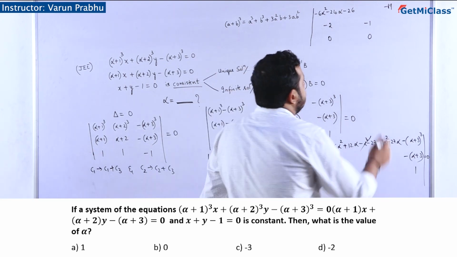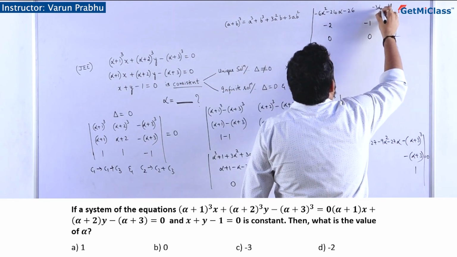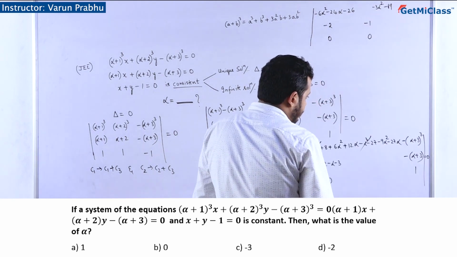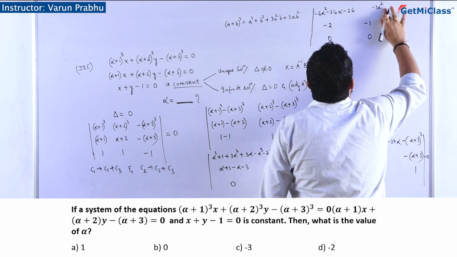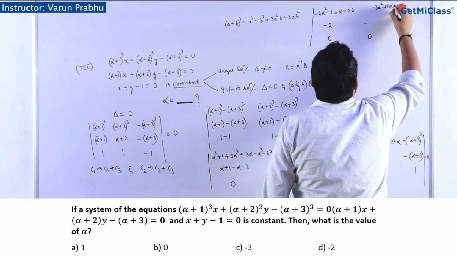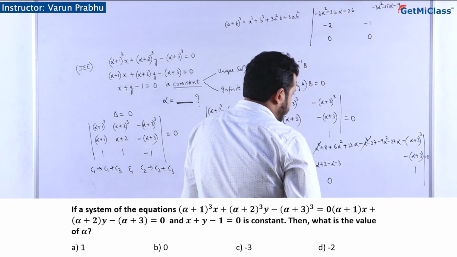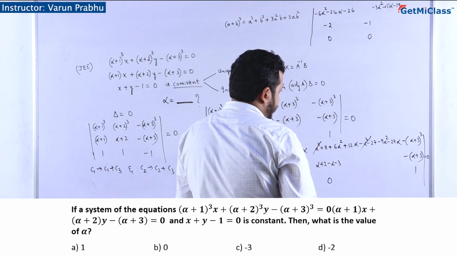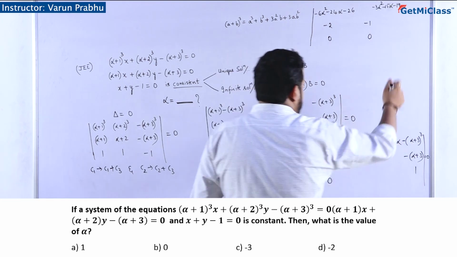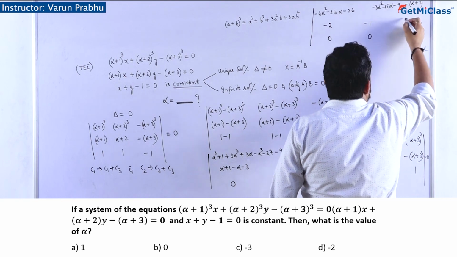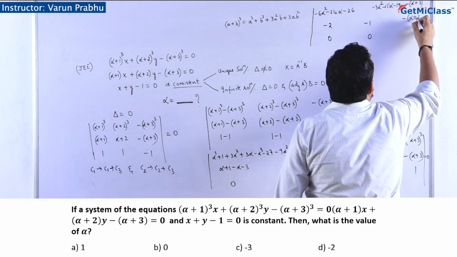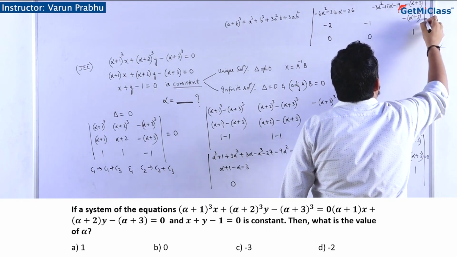Six alpha square minus 9 alpha square is minus 3 alpha square, and 12 alpha minus 27 alpha is minus 15 alpha. So minus 3 alpha square minus 15 alpha minus 19. And this part will be minus of alpha plus 3 the whole cube, minus of alpha plus 3, and 1. This value is equal to 0.